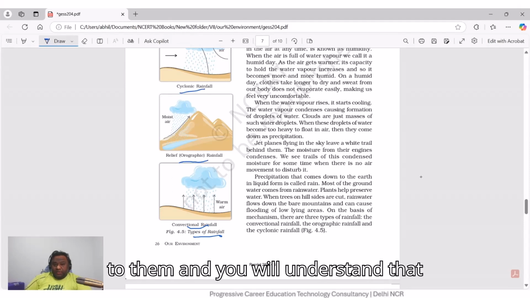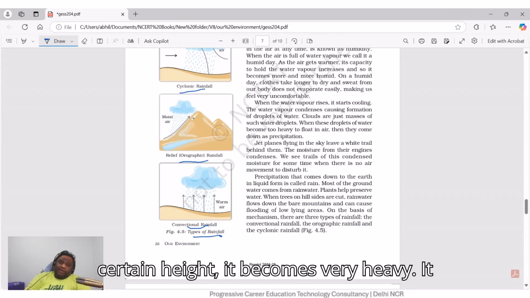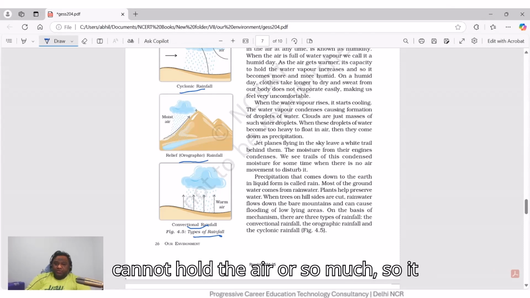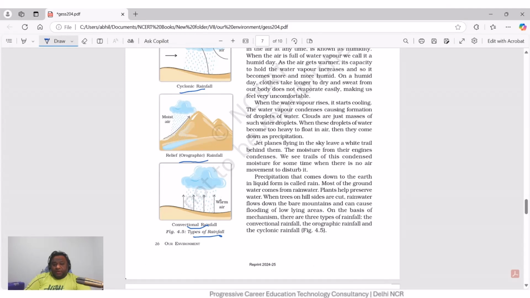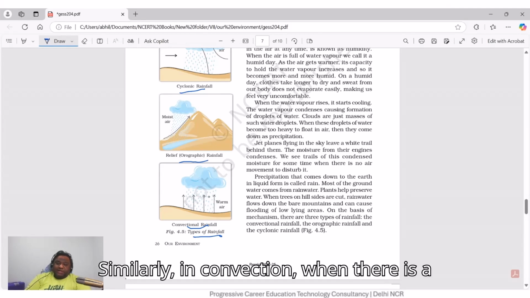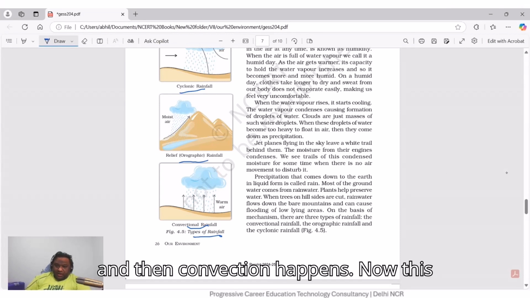Read through them and you will understand that if the water is carried by air, after reaching a certain height it becomes very heavy. It cannot hold the water so much, so it falls. That is called orographic rain. Similarly, in convection rain, when there is a temperature difference due to heat, warm air rises, clouds form, and then convection happens.